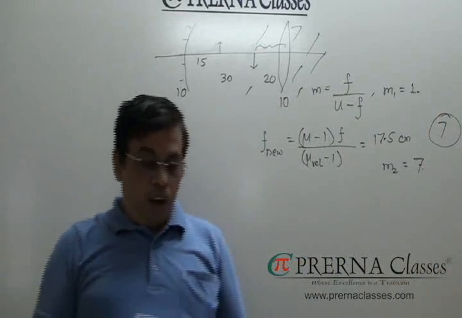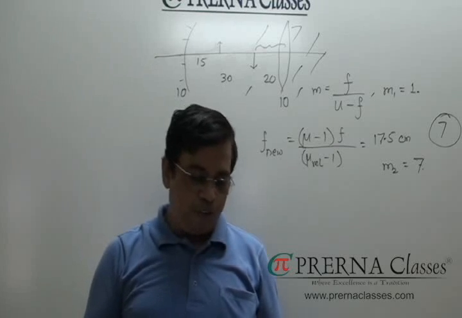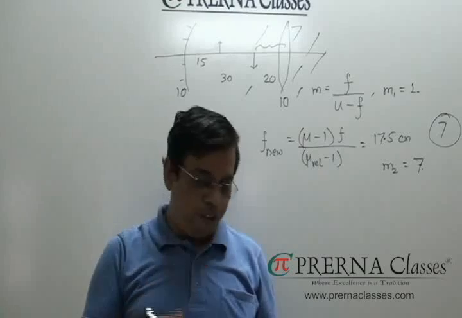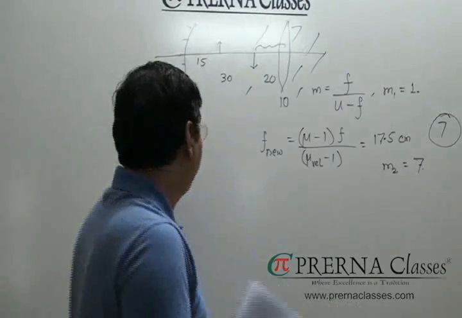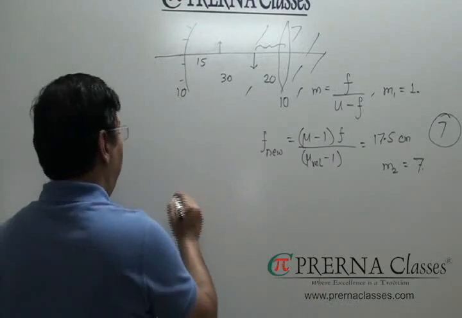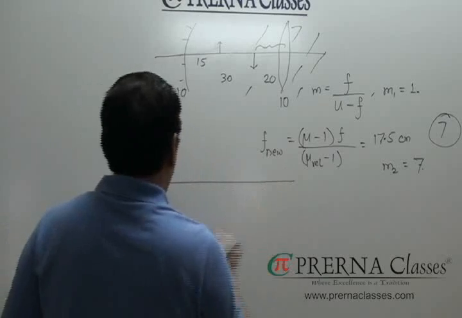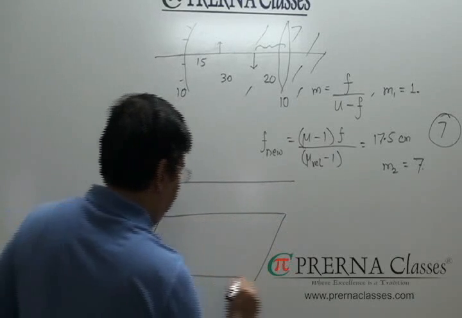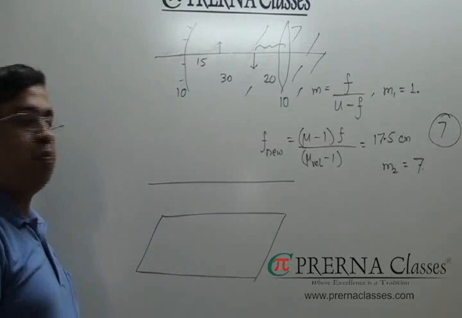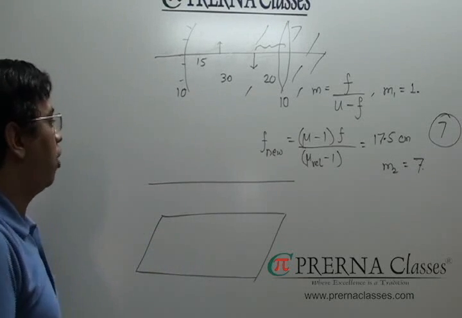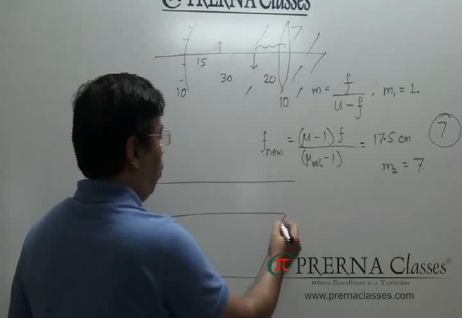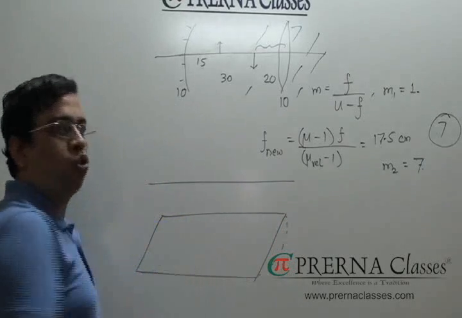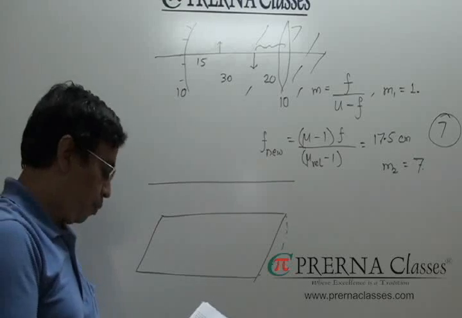Okay. The next question, we were looking at the flux which passes through a rectangular area due to an infinitely long wire. Now, if I assume there is an infinitely long wire here, and I have a rectangular area like this, I can simply say that if I consider a cylinder whose axis is this, and that cylindrical surface passes through this, the flux through this would be the same.